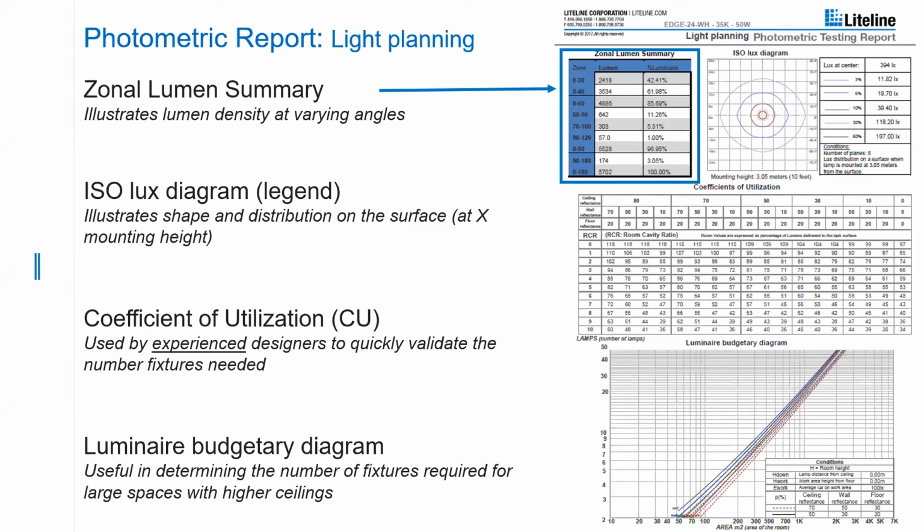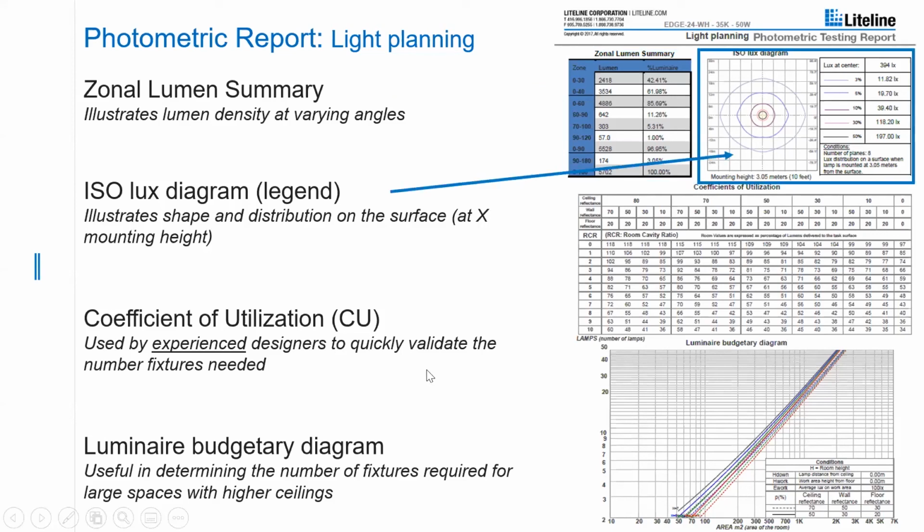Based on this, I can tell that 61% of my light falls between 0 degrees and 40 degrees, and that if I go to the 90 plus, only 3.05% of my light is going above the horizontal plane, typically our ceiling, which means there's a very low uplight component, but it's there, 3%.